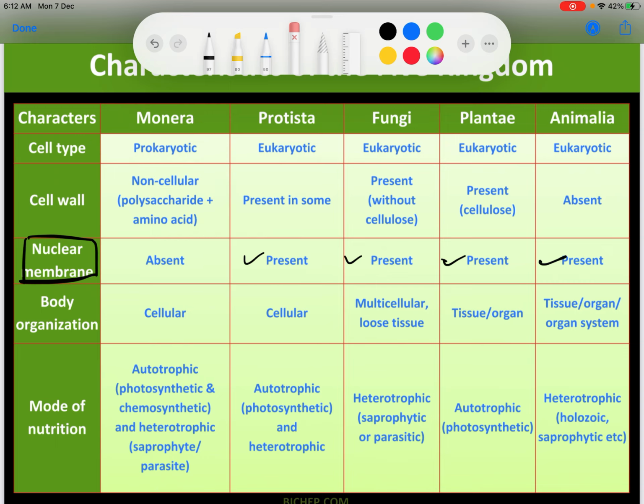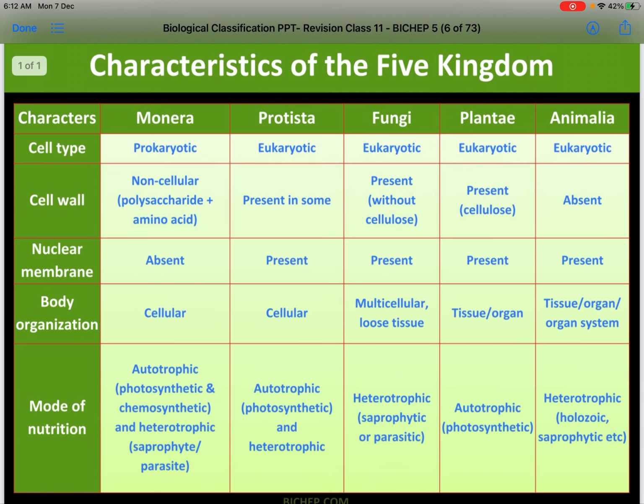So that is also to be considered, whether they are having the nuclear membrane, then they are eukaryotic, and if they don't have nuclear membrane, they are prokaryotic. So cell type is defined with the presence of nuclear membrane or not. If nuclear membrane is present, then the cell is considered as eukaryote, and if nuclear membrane is not found, then that cell is considered as prokaryotic cell, as we know. So that's the story of 5 kingdom classification, and please take the screenshot.